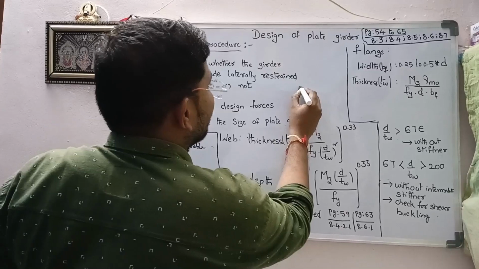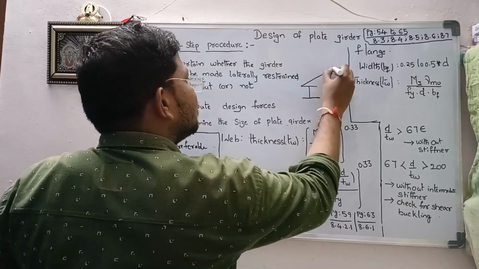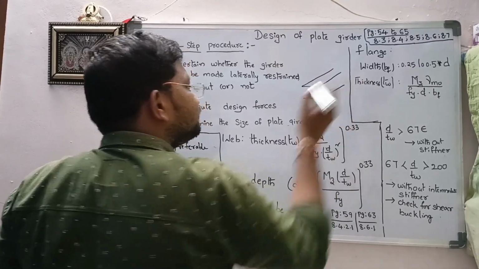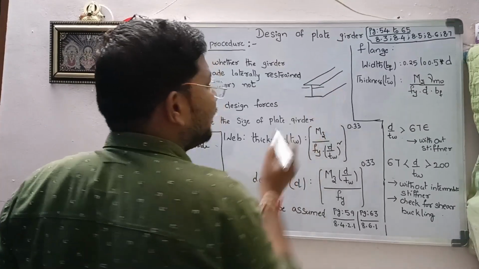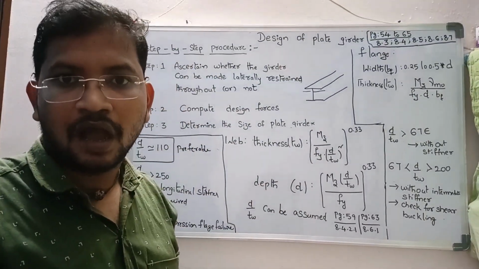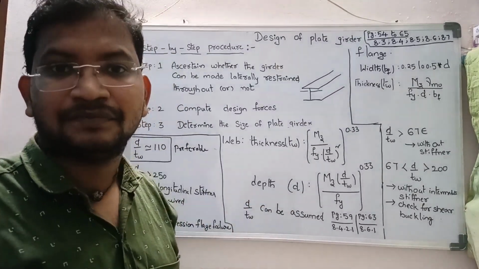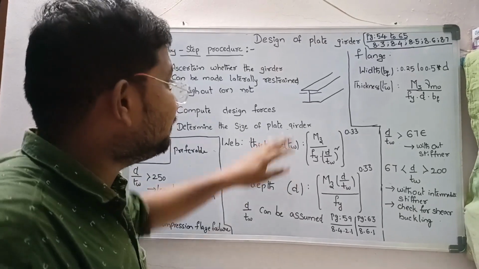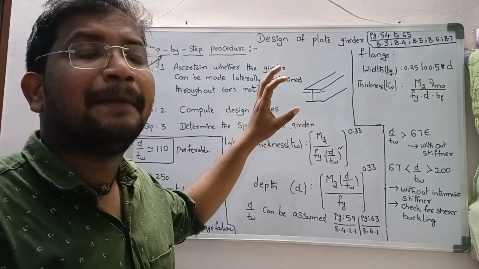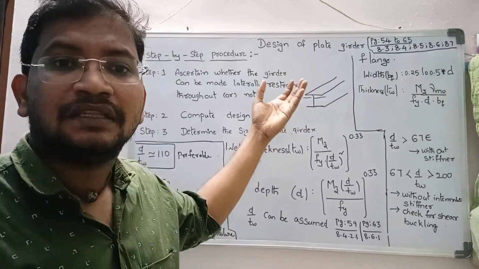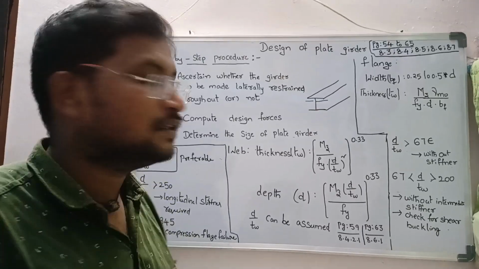For your knowledge, I am explaining here. Laterally restrained means, suppose this is the beam, the top flange is completely embedded into the concrete, or this beam is supported laterally. It means that the beam is completely restrained, completely resisting the lateral torsional buckling.